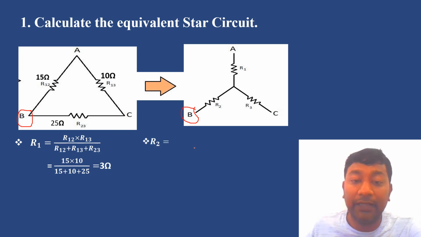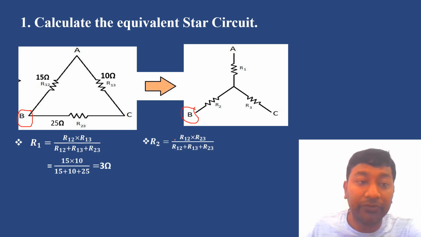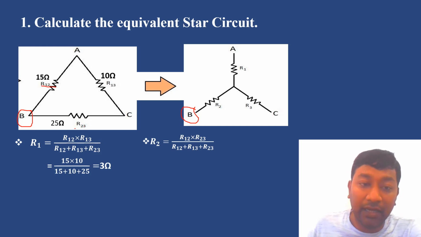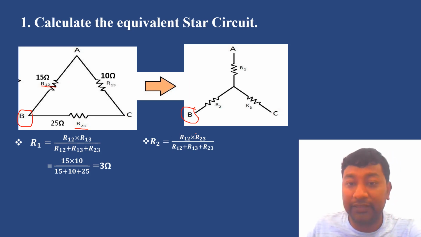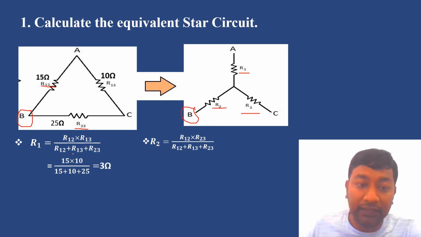R2 is R12 multiplied by R23, divided by the whole resistance R12, R13 and R23. Whenever we calculate R1, R2 or R3, this lower term is common for all cases. It is the addition of all three.